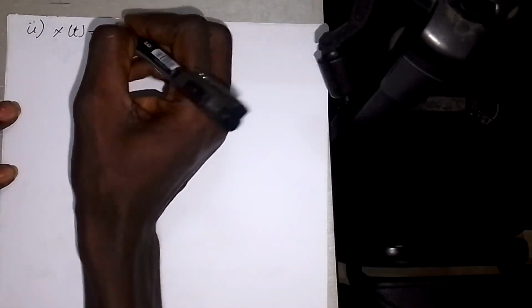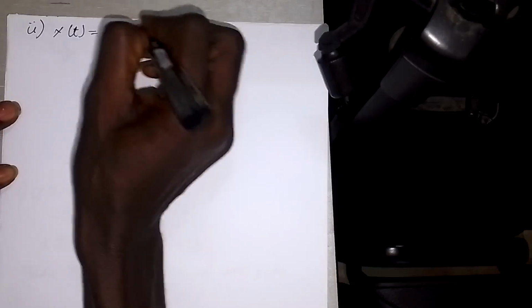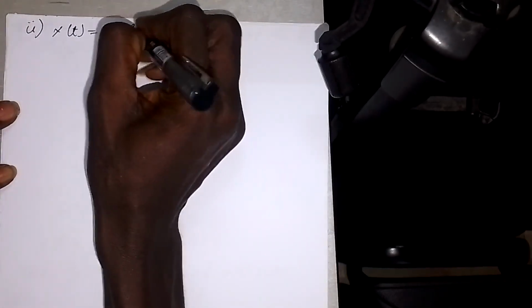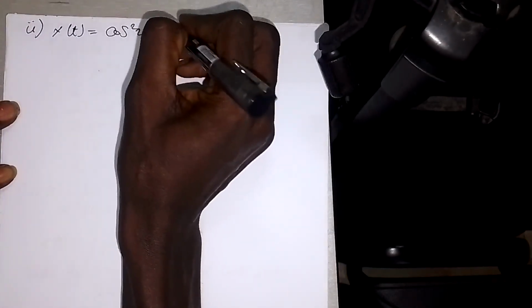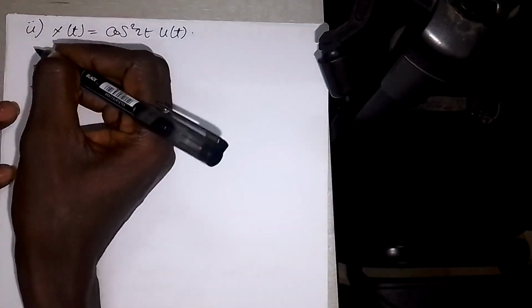So now in the next one, we're going to have part II. Here x of t is equal to cos squared 2t into u of t.